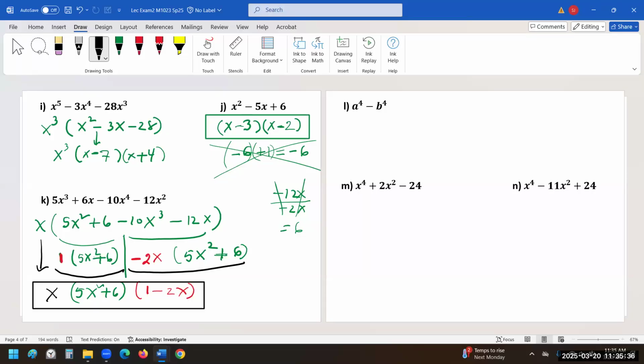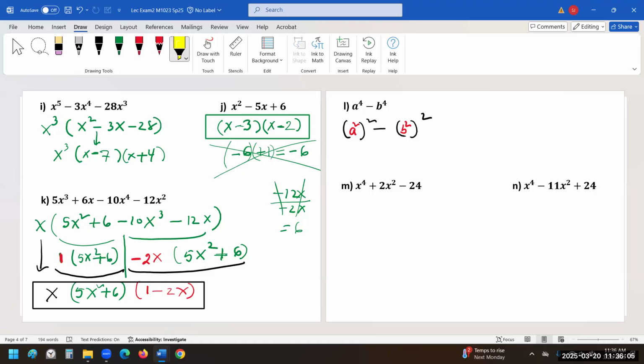Now, fourth degree: a to the 4 minus b to the 4. Our goal is to rewrite these as 2 perfect squares, because only when you have 2 perfect squares can we factor them. So we rewrite the fourth power as a square squared and b square squared.